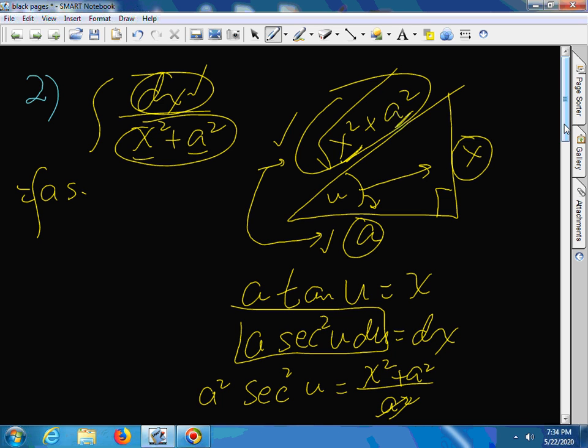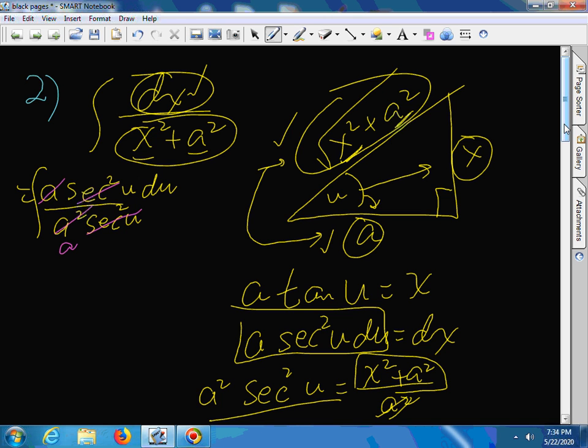A secant squared u du over x squared plus a squared, the same thing? Actually, it isn't. It's a squared secant squared u. So the secant squared u's cancel, one a on the top for one a on the bottom.